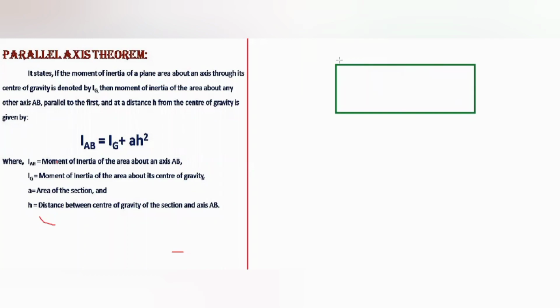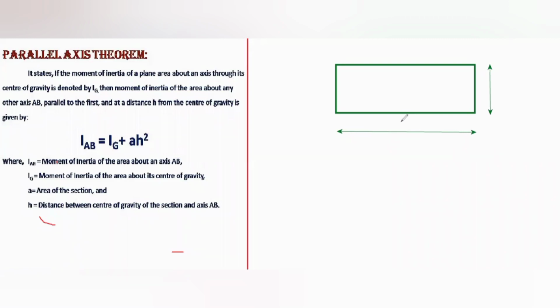Here we know the dimensions of the rectangle, the linear dimension we are going to take as b, which is called breadth, and then the vertical dimension we are going to consider as d.